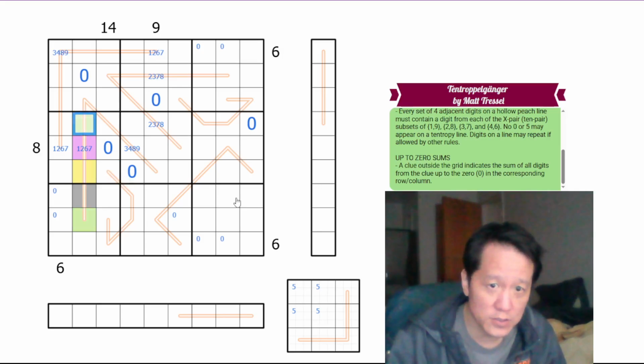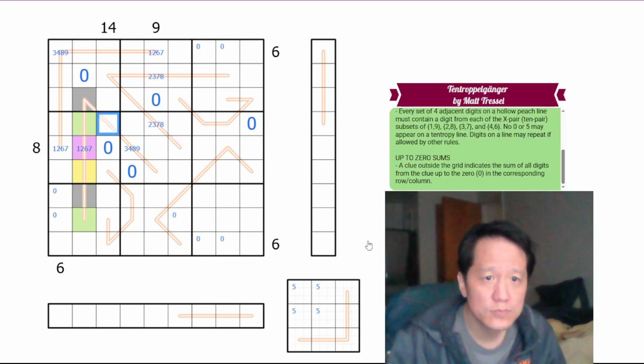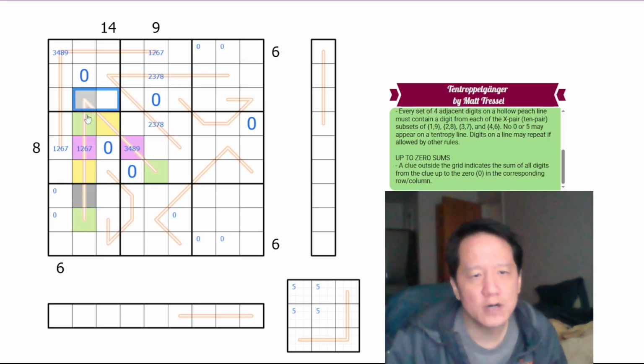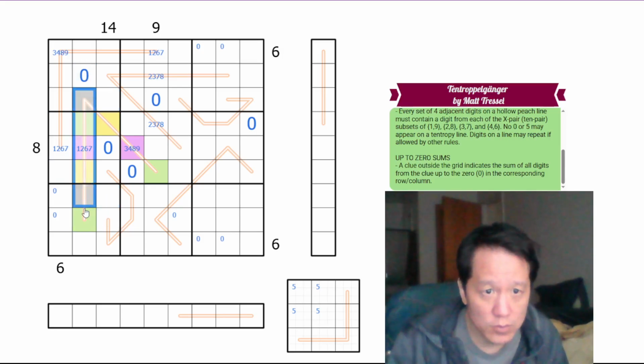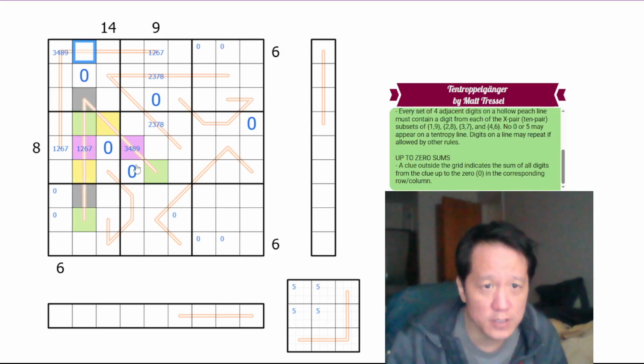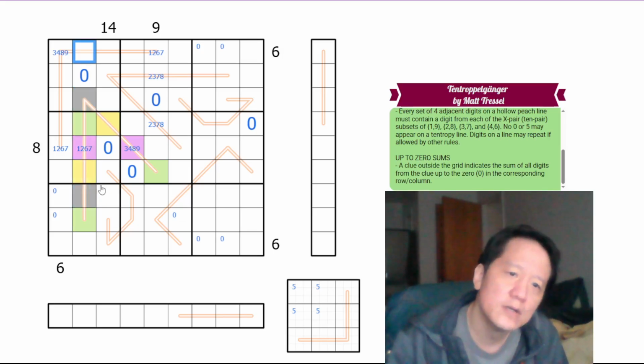So then this is green again, medium, yellow, pink again, and this is green. Interesting. So that means in column 2, we are guaranteed this has to be yellow or pink.